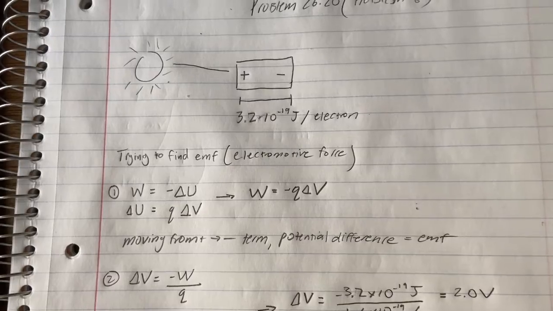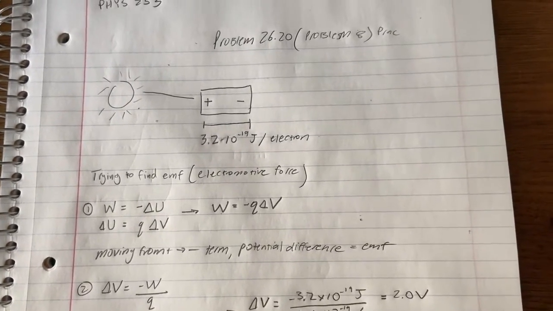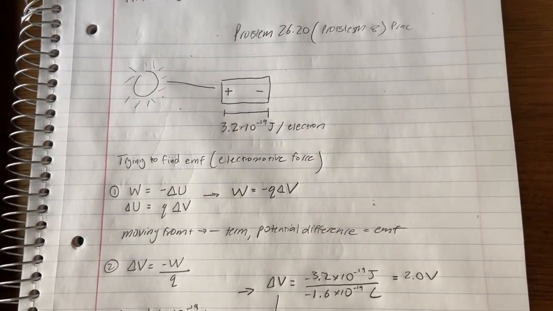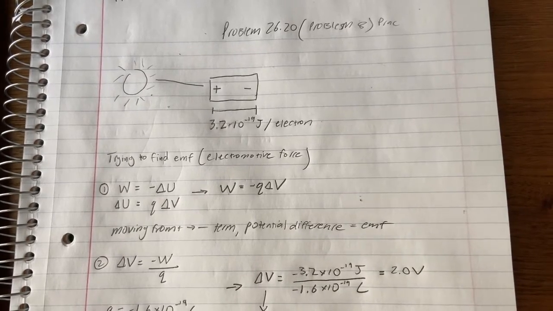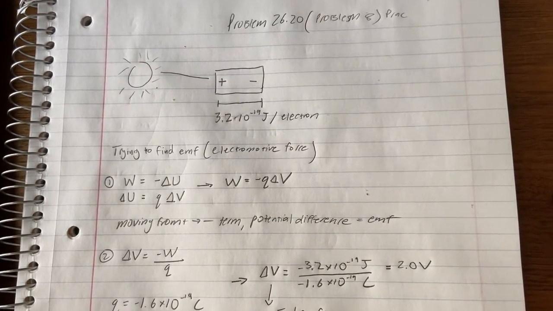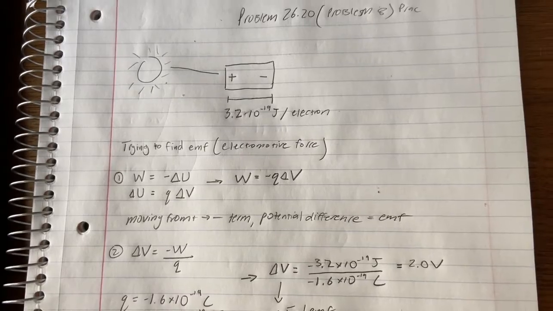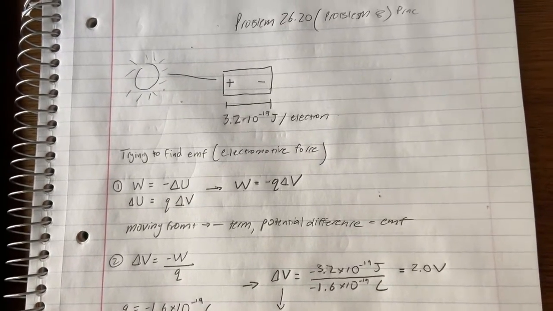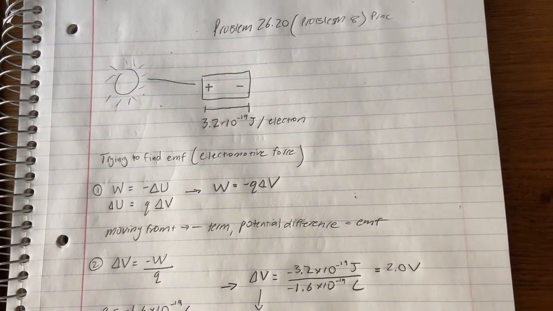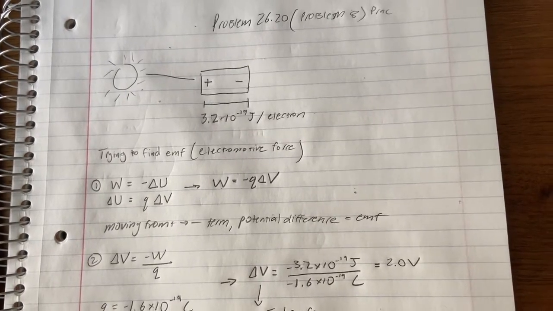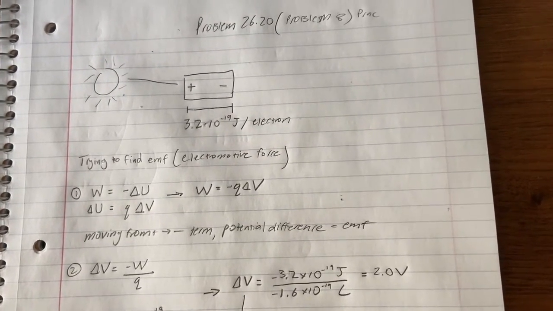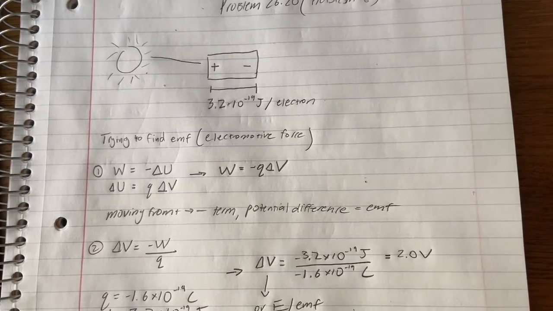And additionally, we know that the change in potential energy of the electron is going to be given by the charge times delta V. In this case, that will ultimately be the EMF, this change in potential of the solar cell.